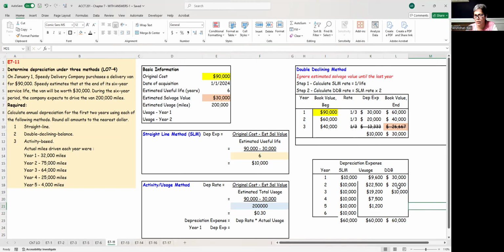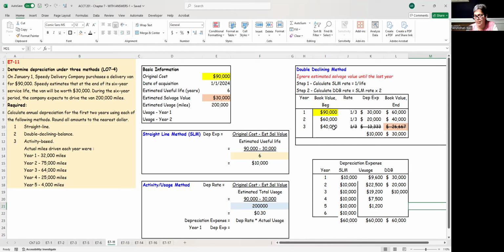So what you see over here is, straight line method, we are assuming that I can evenly spread the cost over the 6-year estimated life. Usage method, as I started using the asset in year 5 itself, I was done with this asset. It's no longer useful. I'm not using the asset anymore. In the double declining balance method, I'm depreciating it very aggressively upfront, and then it drops off because I am charging the third depreciation on the declining balance.